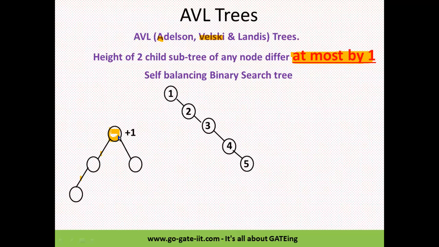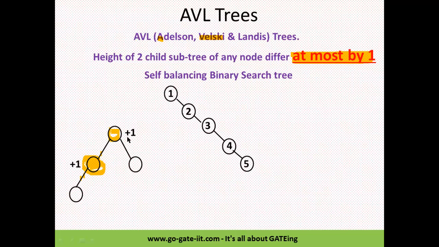The same principle is applicable for all the nodes. For this node under consideration, on the left-hand side you have only one thing, and on the right-hand side we have nothing, so it becomes plus 1.